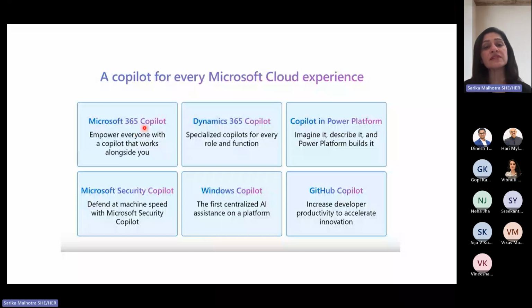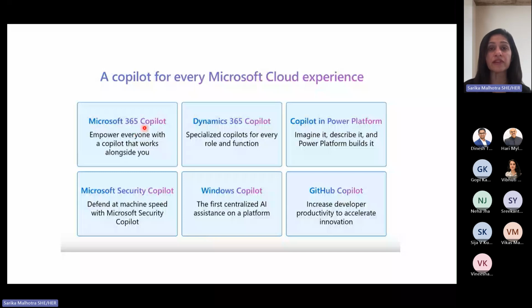Now, what are the services that we would offer to a customer for Copilot? So one is we will offer deployment services. That is, we'll do a workshop to educate them about the Copilot, to identify use cases and scenarios where they could use the Copilot to improve productivity or save cost. We would do an assessment to see how ready they are. This could be in terms of environment.